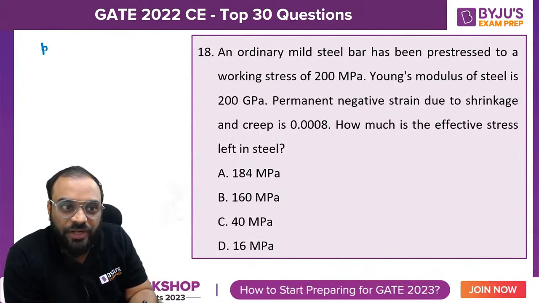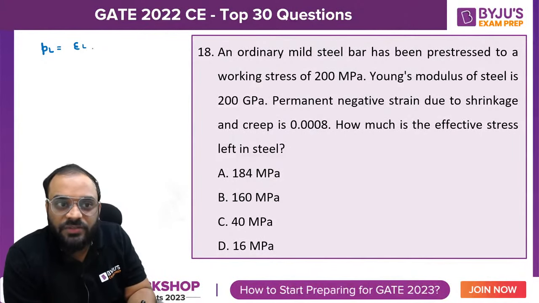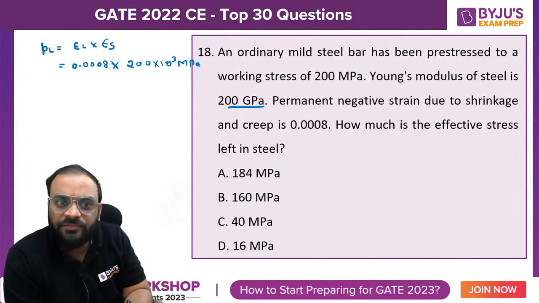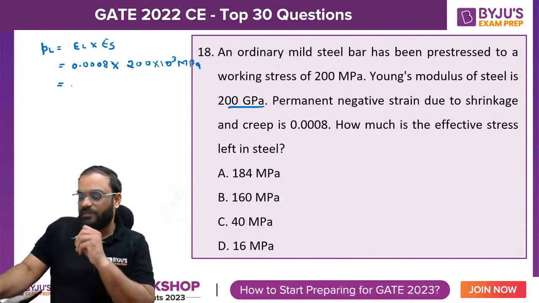First we need to find out the loss of pre-stress. How much loss is there? The loss is strain multiplied by ES value. How much strain is there? Negative strain 0.0008 multiplied by ES. ES is 200 gigapascal, that is 200 into 10 raised to power 3, so that it is converted into megapascal. Let's calculate it.